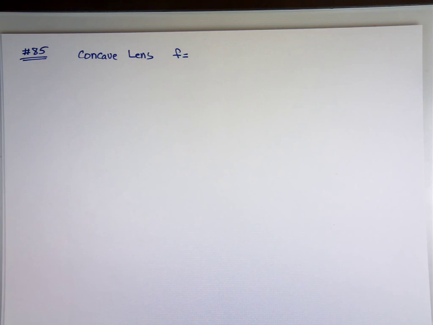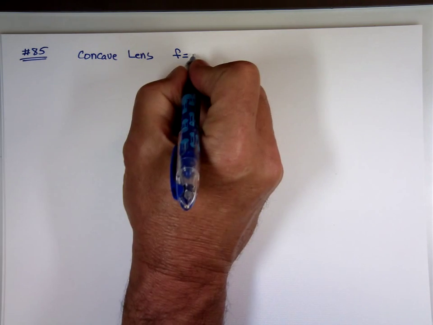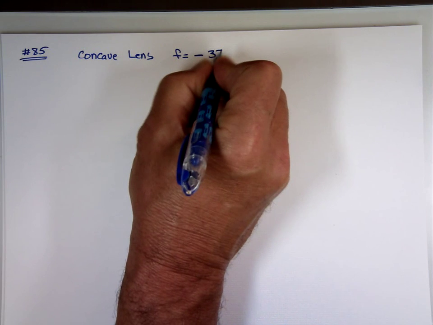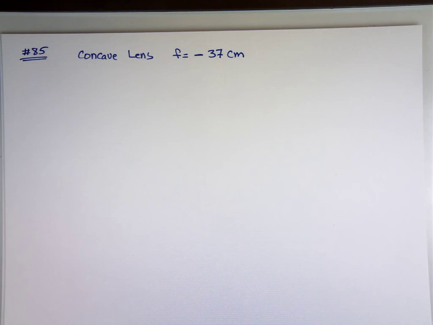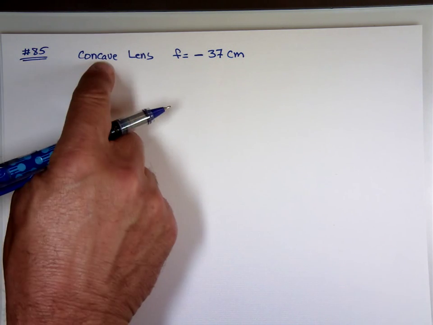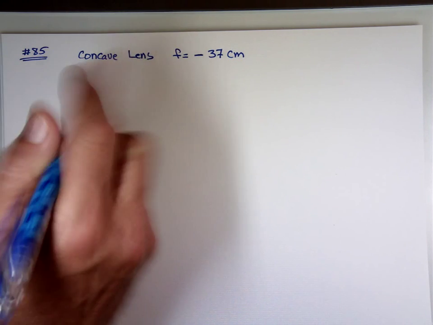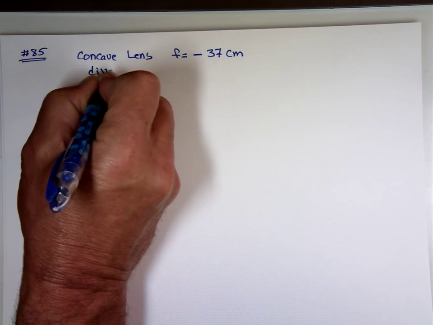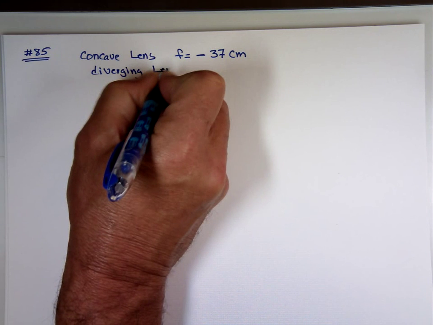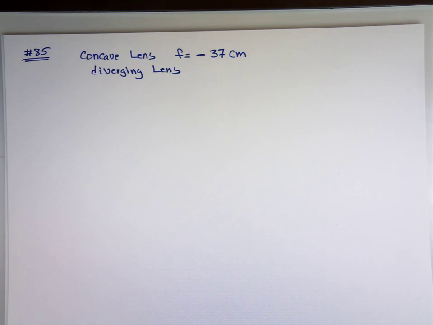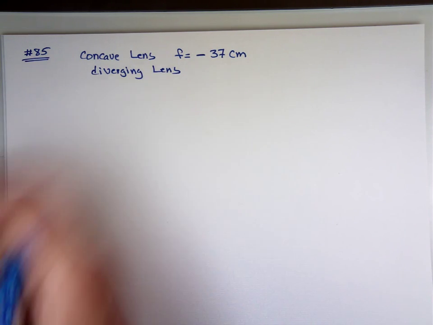Probably a negative. Looks like a negative on my screen. Negative 37 centimeters? Okay. So it's negative 37 centimeters. I thought 0.37. But it has to be negative because it's a concave lens. That's diverging lens. Backward to mirrors. For a concave mirror, that's positive f. Convex is negative here, backward.